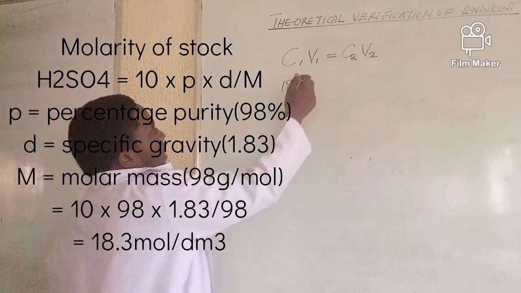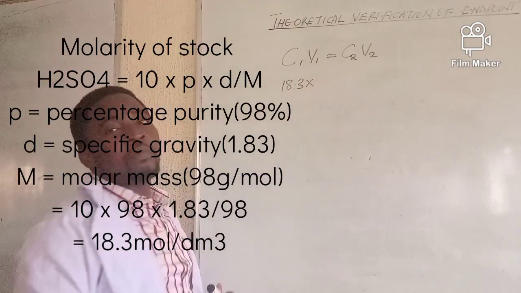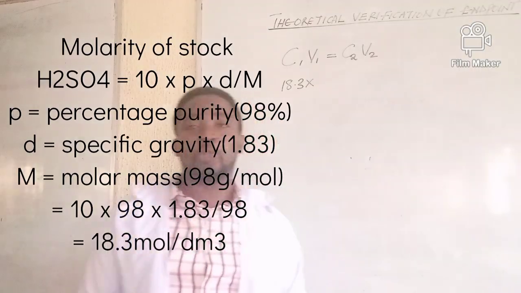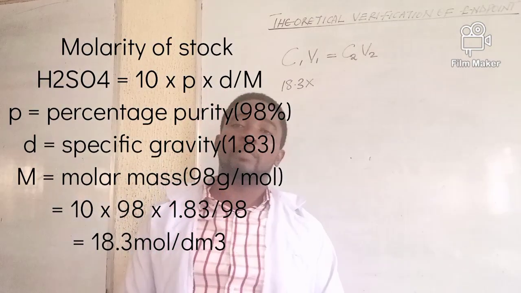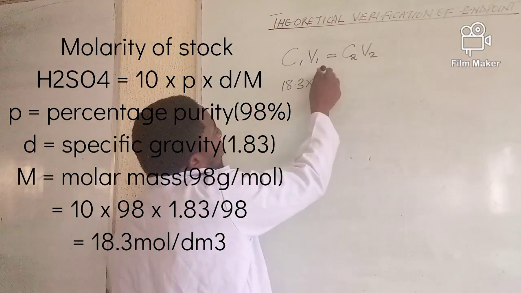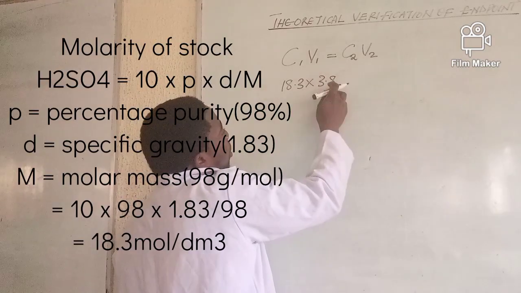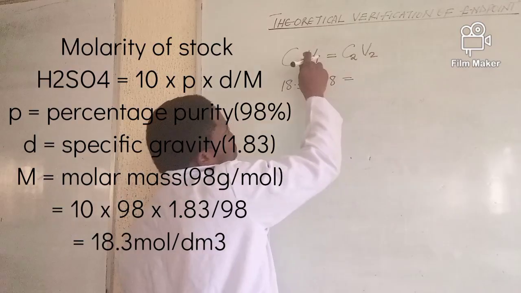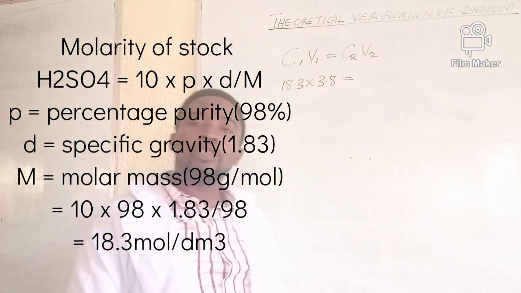It is multiplied by the volume of the stock solution you are going to measure, which came out in the specimen paper as 3.8 centimeter cube. That's your V1.